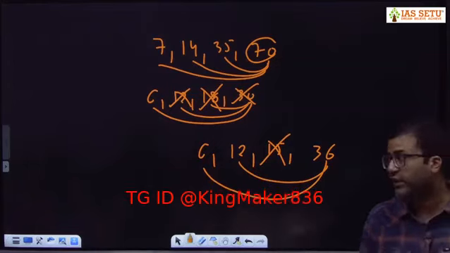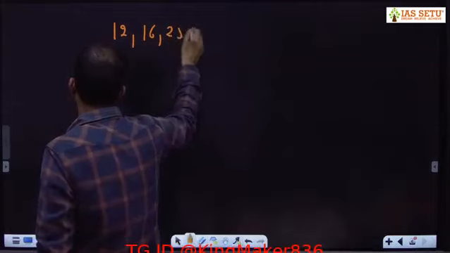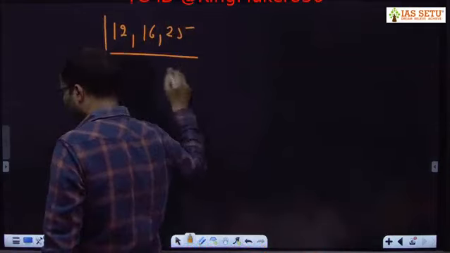Type 1 is where we have to find the LCM of 2, 3, or 4 numbers. So take your time. Find the LCM of 12, 16, 25. Try this question.